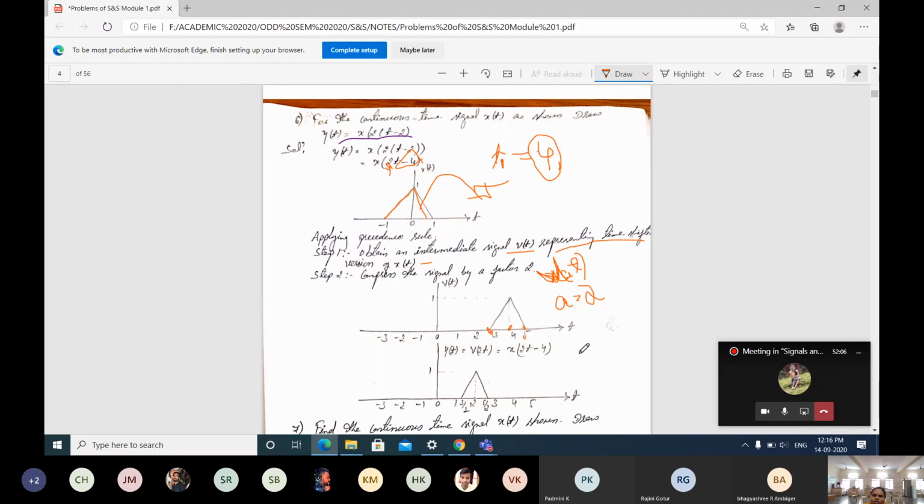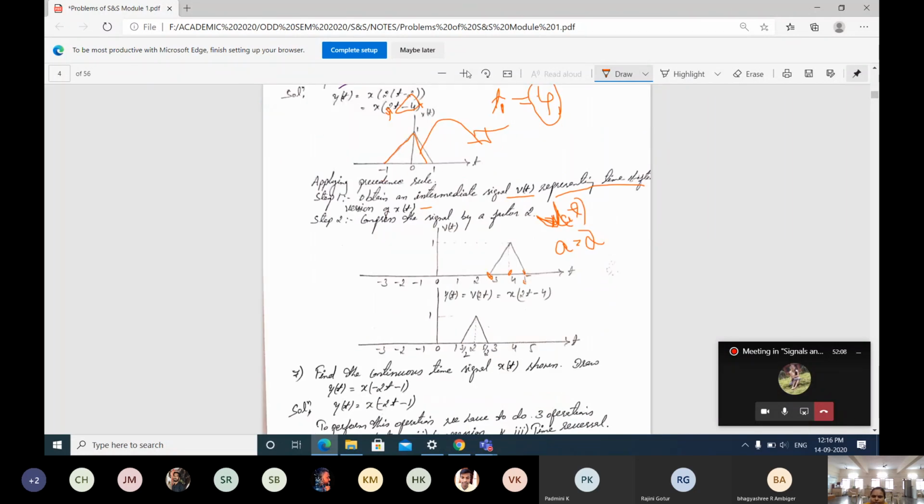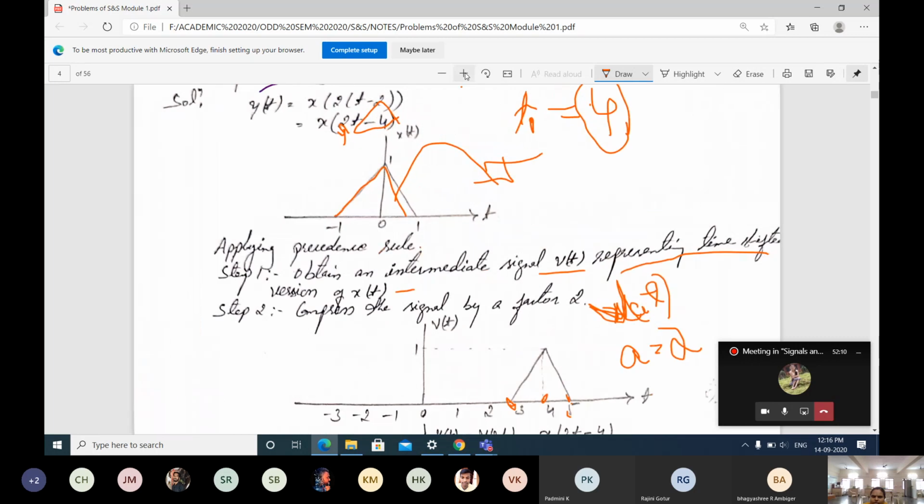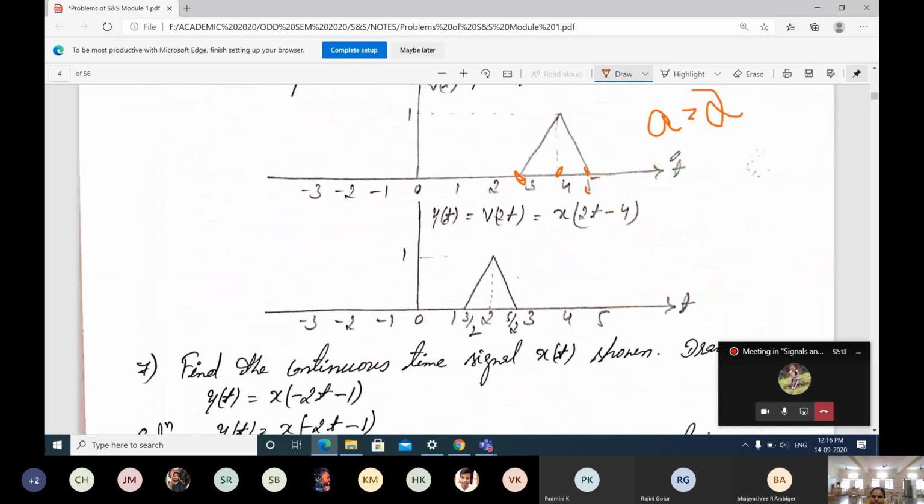What do you have to do? When going for the scaling operation, take the inverse of a, you will get 1 by 2, right? This 1 by 2 has to be multiplied with each time variable here.